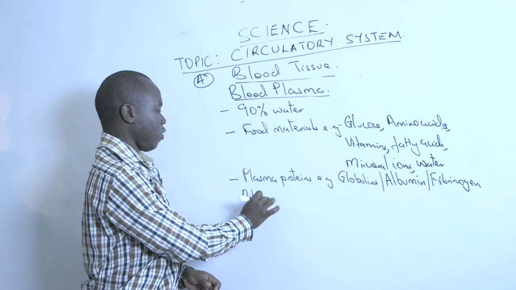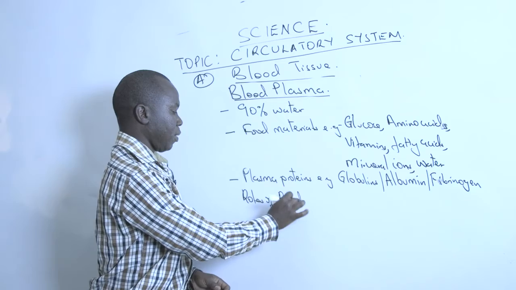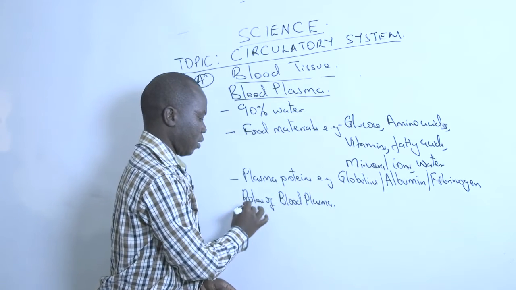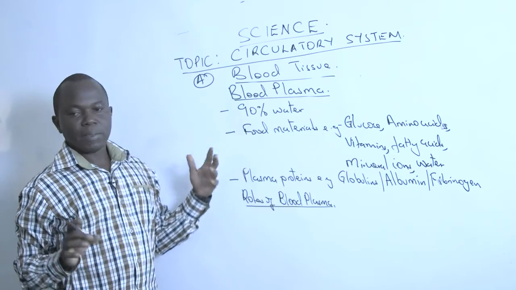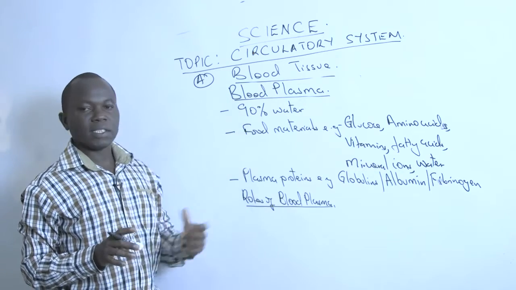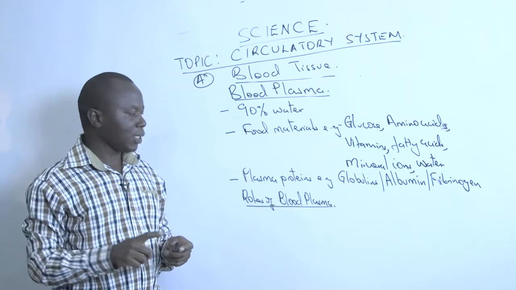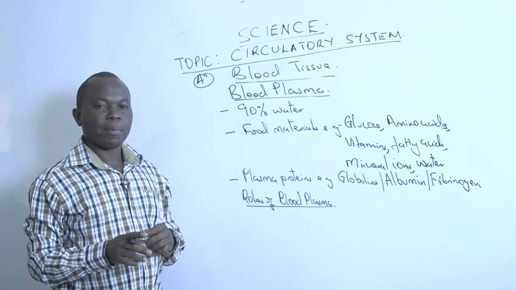Roles of blood plasma. Now, we have said that it's the major component of blood tissue. Because of that, all the cells that we have mentioned previously, red blood cells, platelets, white blood cells, will be contained in blood plasma.